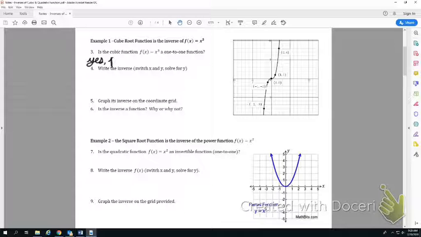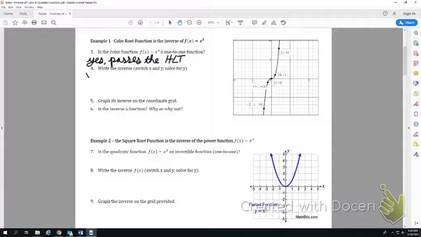Passes the horizontal line test. Then it asks us to write the inverse, so it says to switch x and y and solve for y, which is the process we're going to use to write the inverse if you have forgotten.